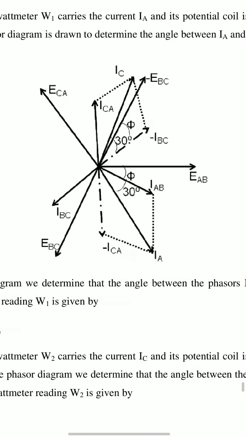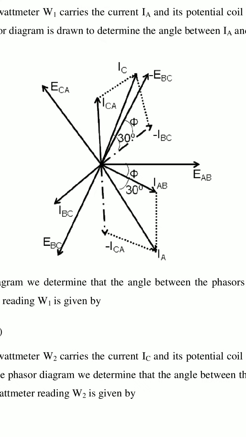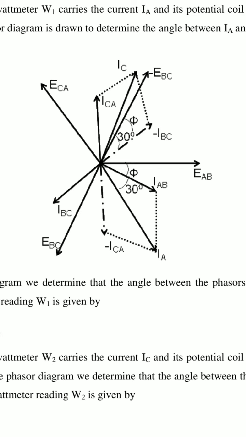EAB and IA is 30 plus phi, and EB and IC is 30 minus phi. The phase displacement angle between minus EBC and IC is 30 minus phi, and between EAB and IA the displacement angle is 30 plus phi.